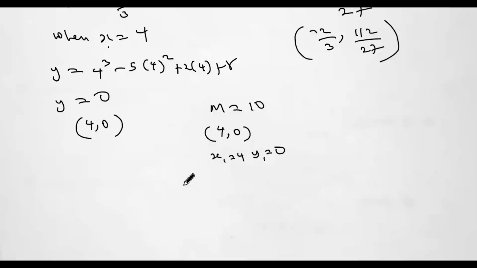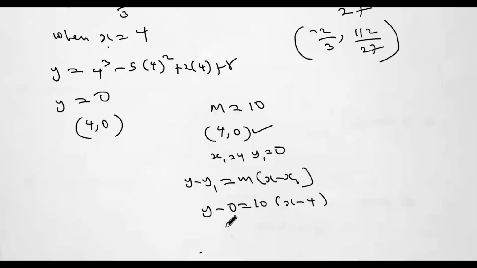So using the equation of a straight line that passes through this point, y minus y1 equals m into x minus x1. So it will be y minus 0 equals 10, that's the gradient, into x minus 4. So this is y equals 10x minus 40. So this is the equation of one of the tangents.